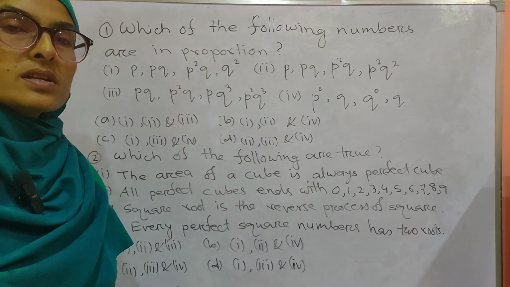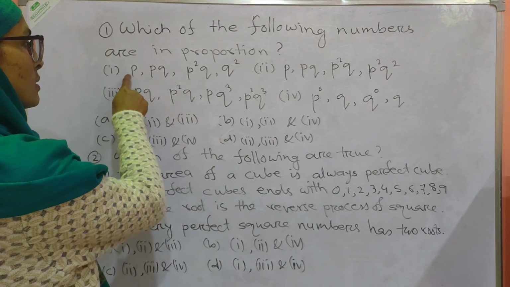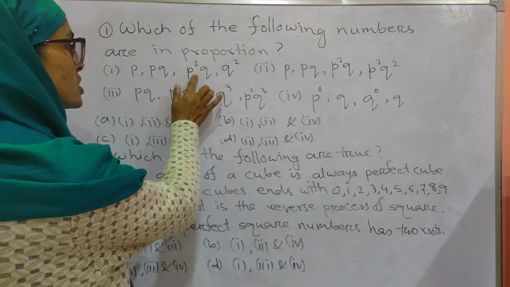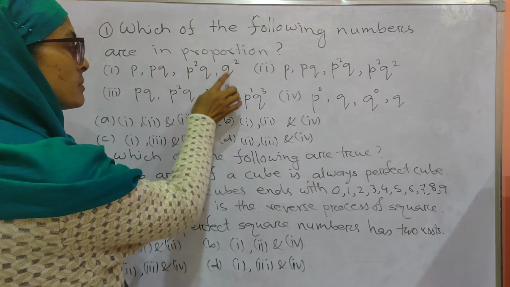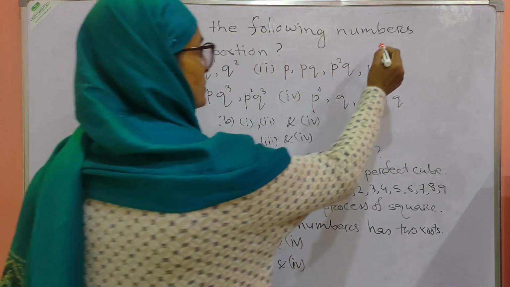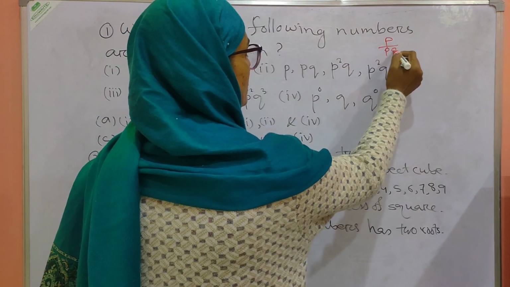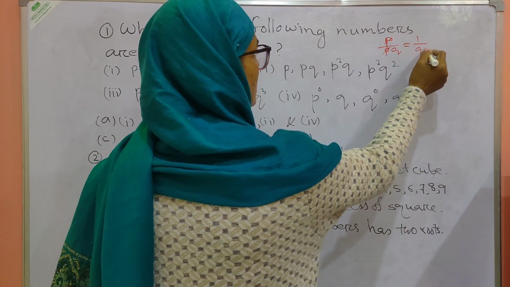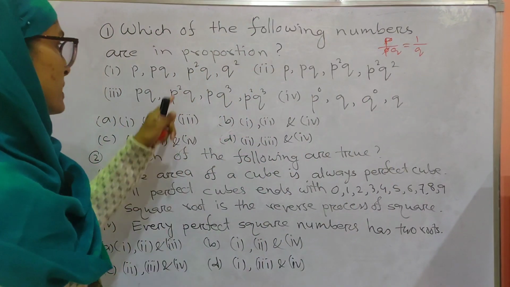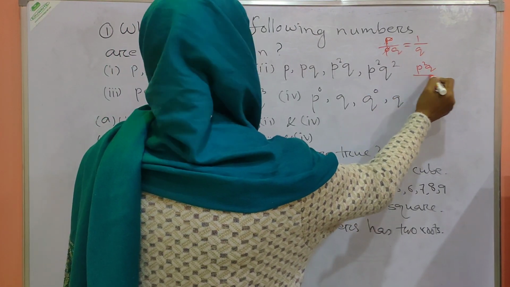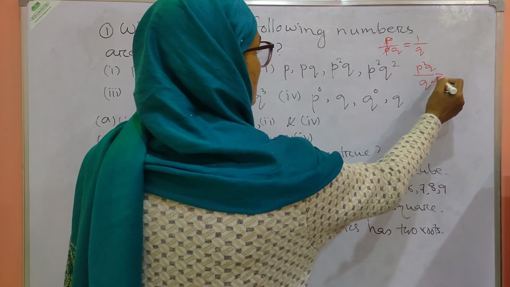Proportion means the ratio of the first and second term must be equal to the ratio of the third and fourth term. So say the first one, P by PQ, P and P cancel, 1 by Q. Next, P square by Q divided by Q square.